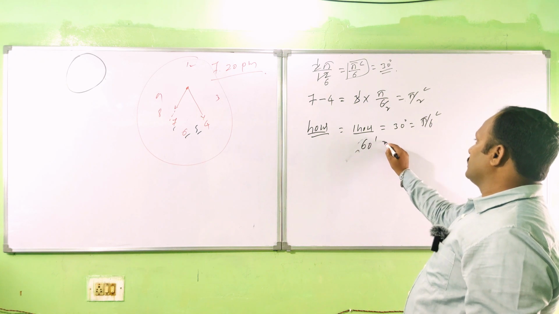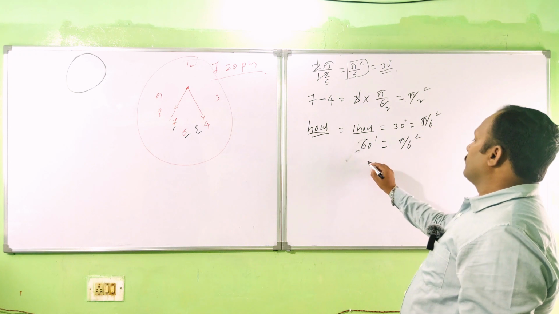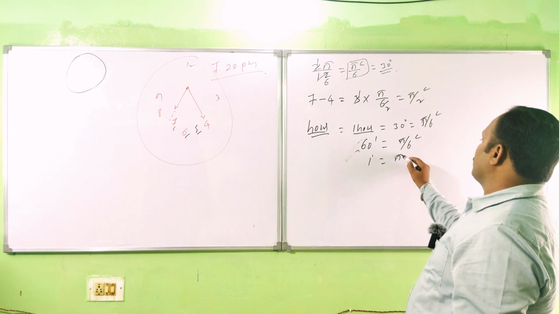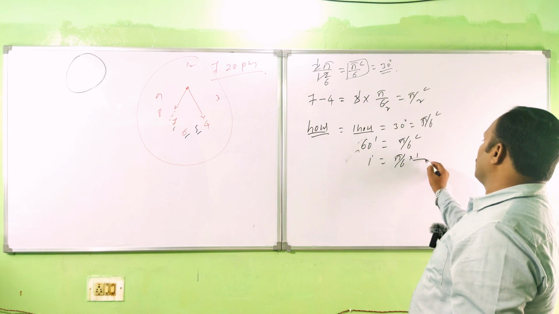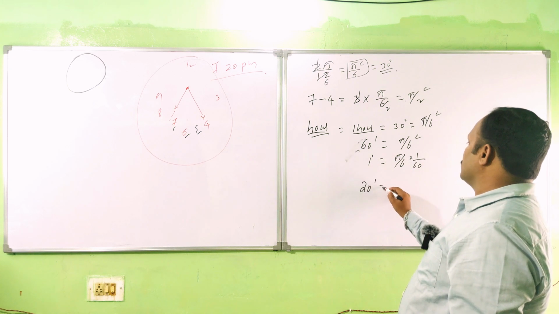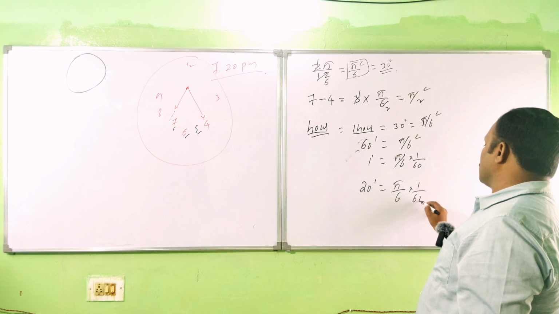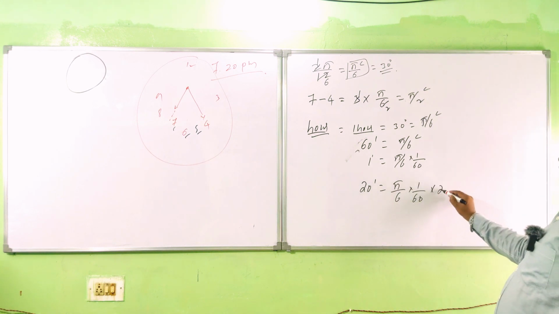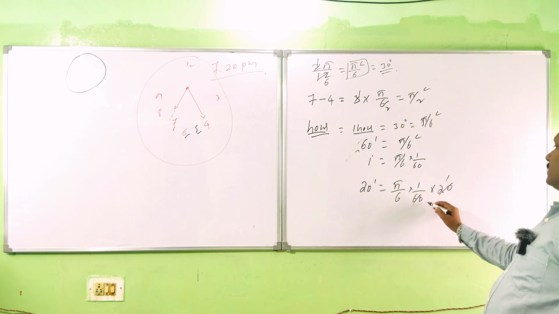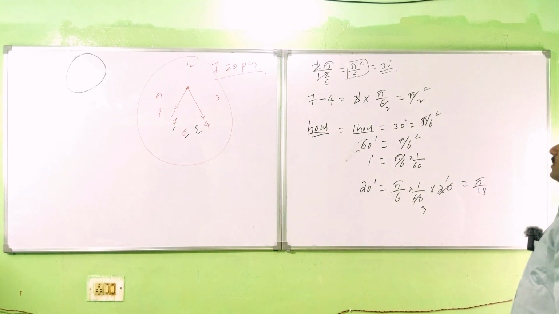For 60 minutes it is pi by 6 radians. For 1 minute it is pi by 6 into 1 by 60. For 20 minutes it is pi by 6 into 1 by 60 into 20. This becomes pi by 18.